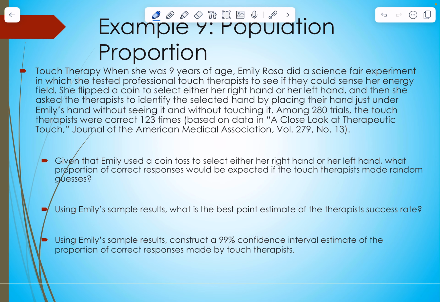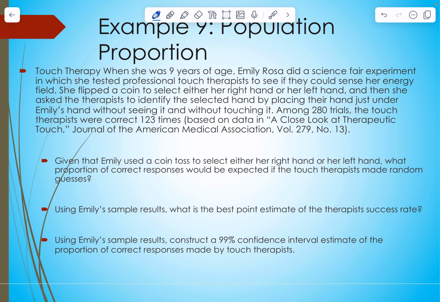And then she asked the therapist to identify the selected hand by placing their hand just under Emily's without seeing it or without touching it. Among 280 trials, the touch therapists were correct 123 times.